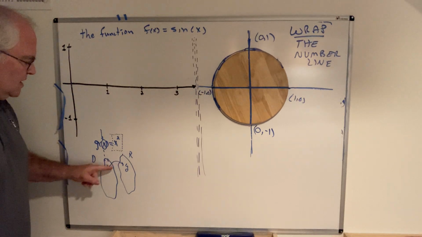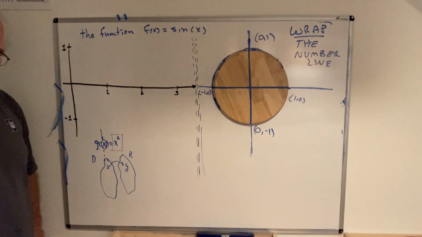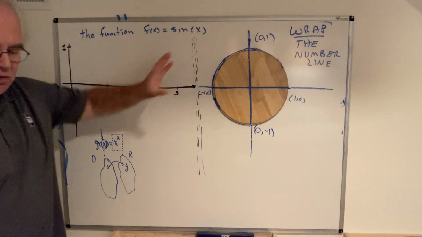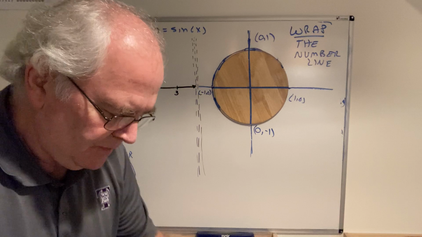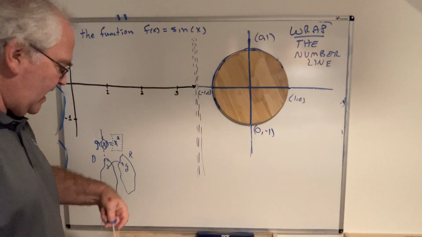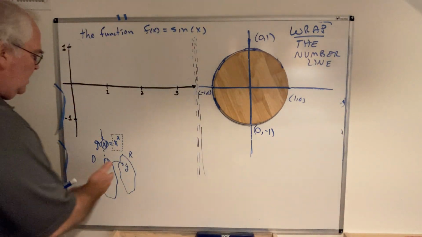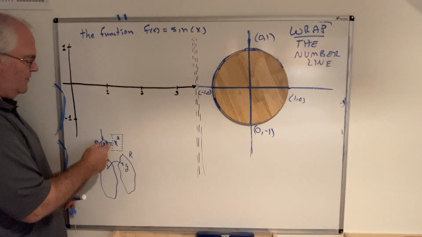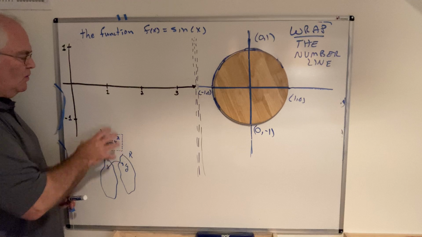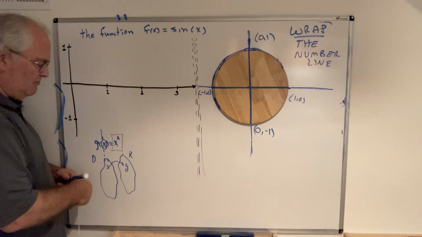Now, the process of doing that computation is what we're going to be on about, and that is formed by this notion of wrapping the number line. So this is the idea. Imagine we're going to take this process of domain and range, but rather than using some square function, we're going to use this process of wrapping the number line.